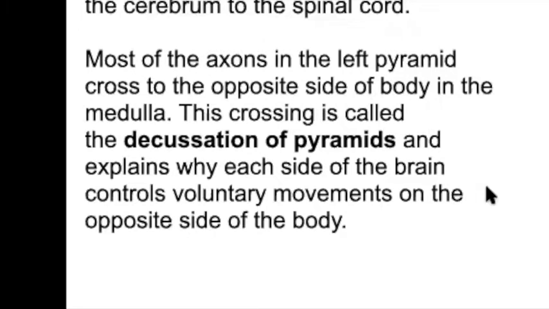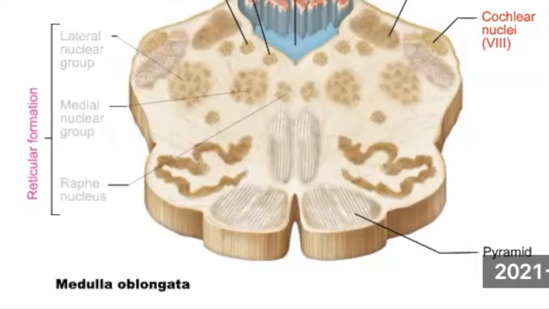This is the place, at the lower end of the medulla, where all those tracts coming from the left side of the body cross over to the right side and vice versa. It's called the decussation of the pyramids, because the pyramids are what those tracts are called. Those are just the white matter, the myelinated axons going from the cerebrum down to the spinal cord.